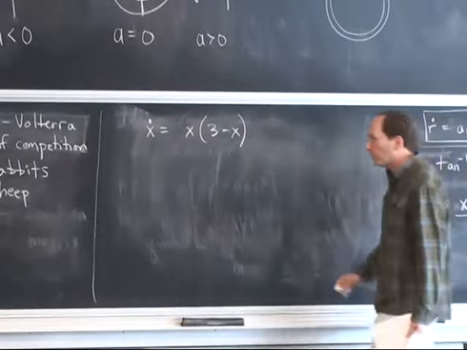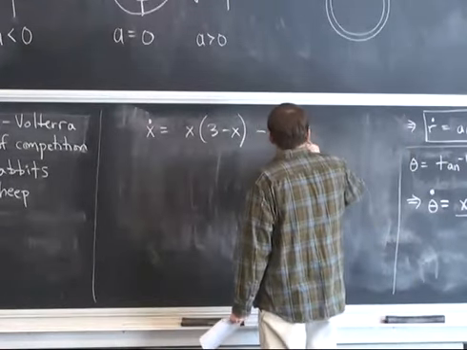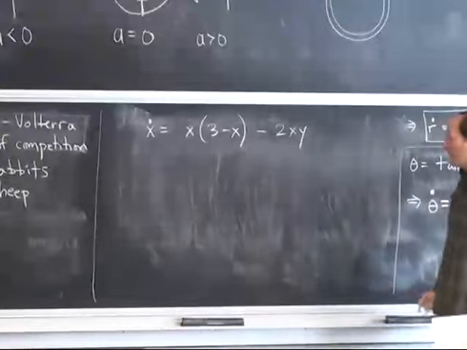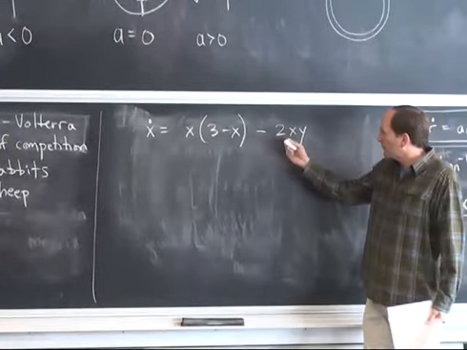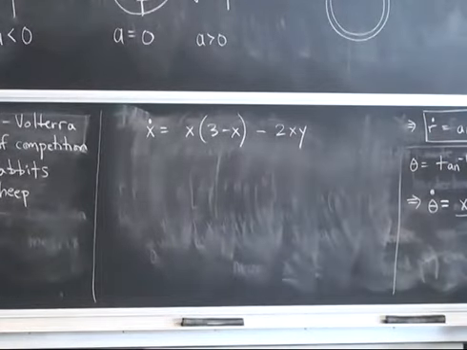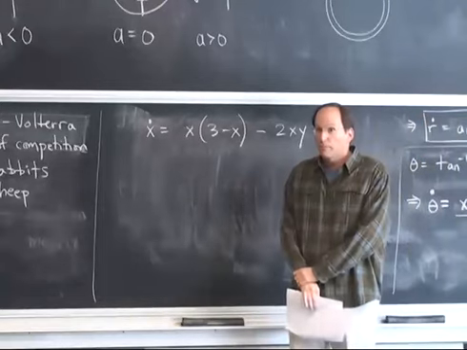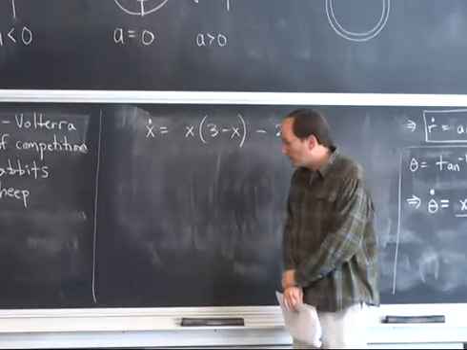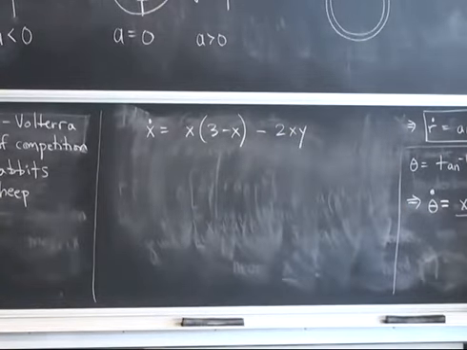Then there's this term which reflects the presence of the sheep. Notice it's a 2xy, and it's got this negative sign. So this is a kind of death rate happening to the rabbits due to the presence of the sheep. Now what does that mean? They're not directly eating the rabbits, but they are eating the rabbits' breakfast. They're eating grass that the rabbits would like to eat too.